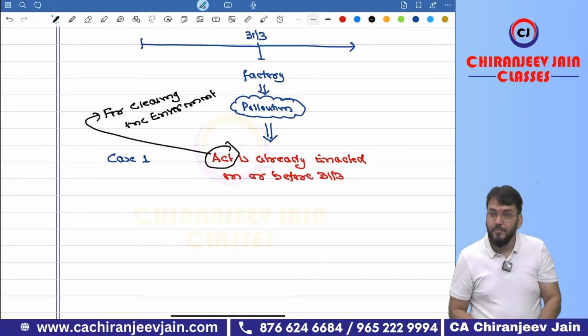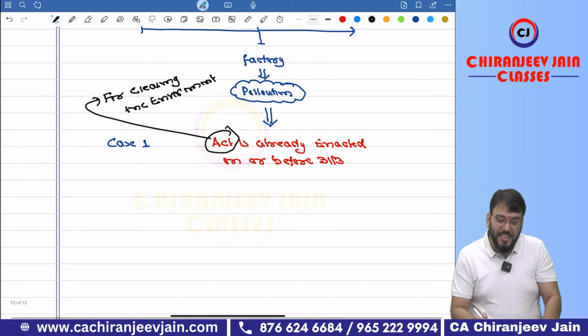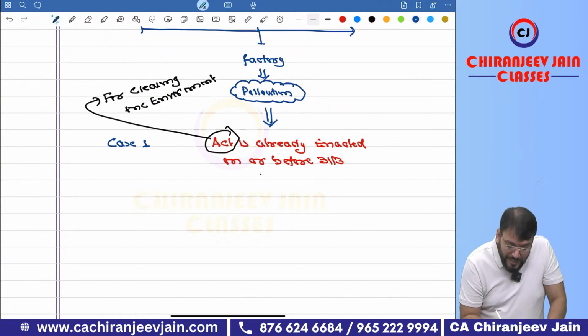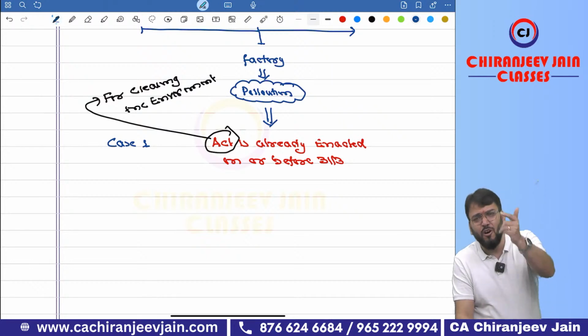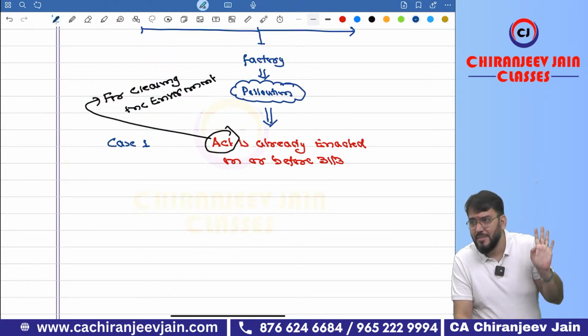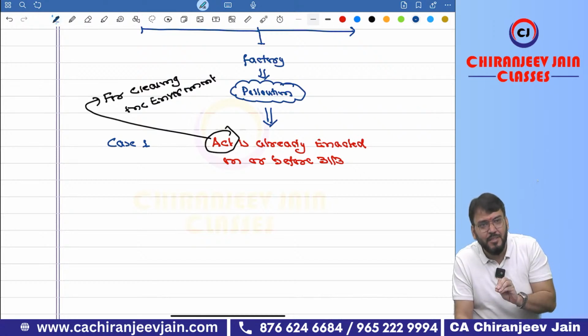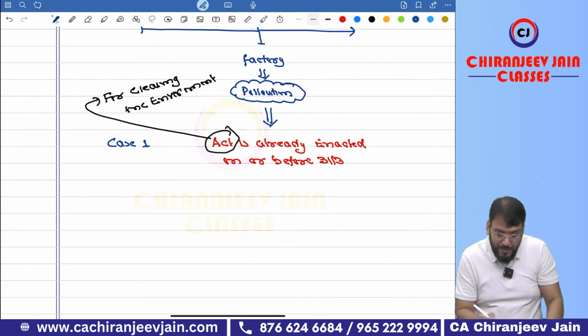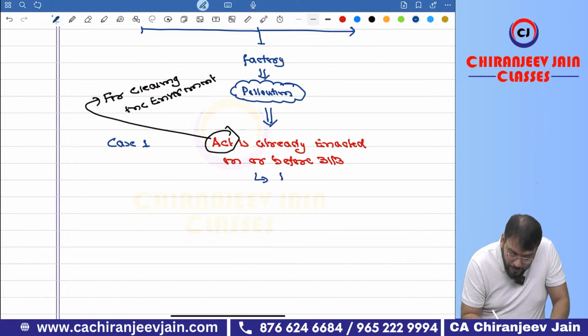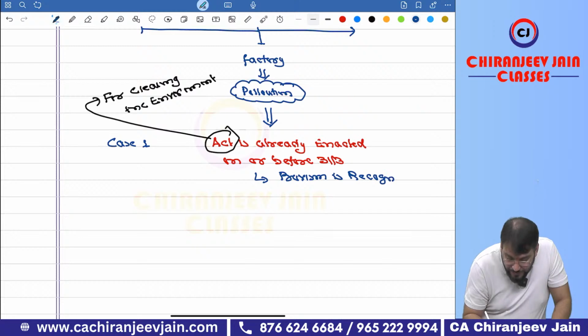In this case, tell me, do we recognize the provision or not? We are assuming that all the three conditions are satisfied, meaning outflow must also be probable. If the act is there but you can avoid payment, then no provision. So I am assuming all three conditions are satisfied. In this case, the provision is recognized.